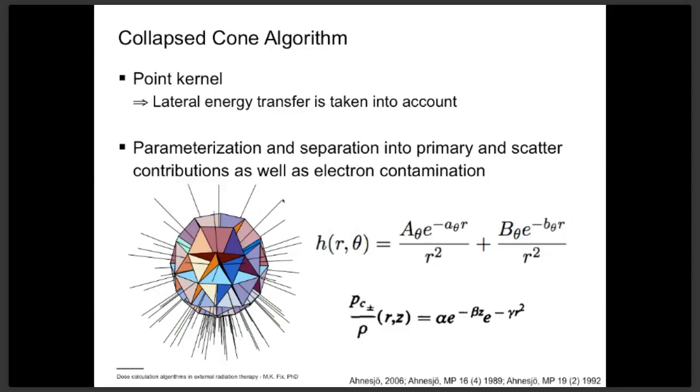Independent from this convolution superposition of the photon contribution, there is another kernel describing the electron contamination. And this is also a kernel which is parameterized by fitting components, alpha, beta, and gamma, also due to Monte Carlo calculations. So this is a separate calculation done, and then the sum of both gives the dose distribution.